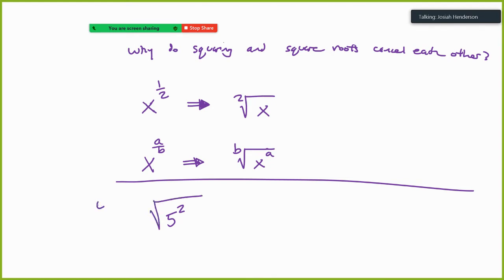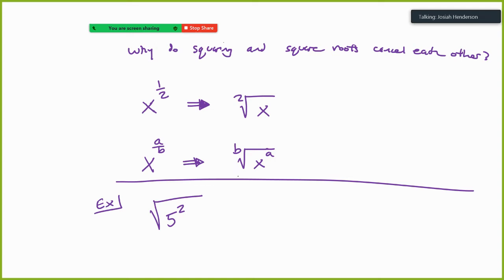Here's an example problem to demonstrate. I want to do the square root of 5 squared. Well, 5 squared is 25, right? And you also probably remember, because that's a low number, the square root of 25 is 5.